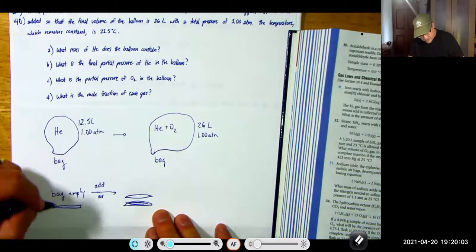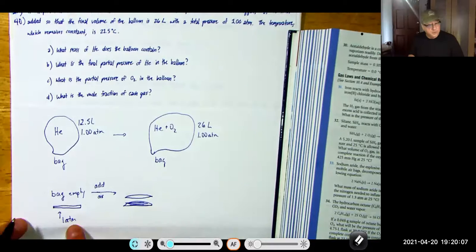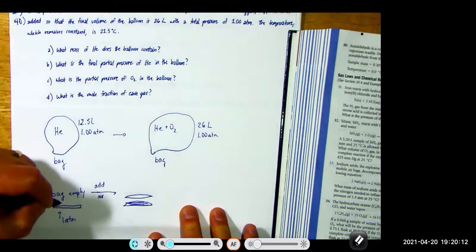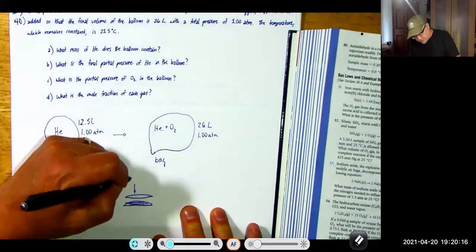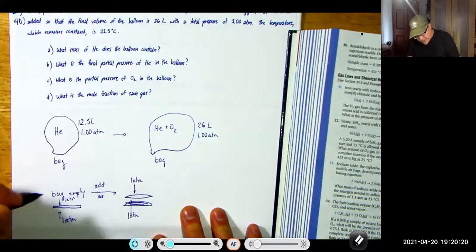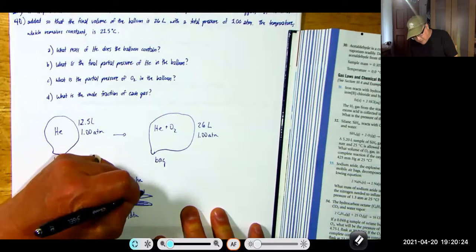Now you'd think the pressure inside would be greater. Here you have 1 atmosphere of pressure pushing on it on the outside, and 1 atmosphere here. Now here, you've got 1 atmosphere still pushing on it and 1 atmosphere here, right? But inside the bag, what do you have? Well, you've got 1 atmosphere pushing back on both sides.